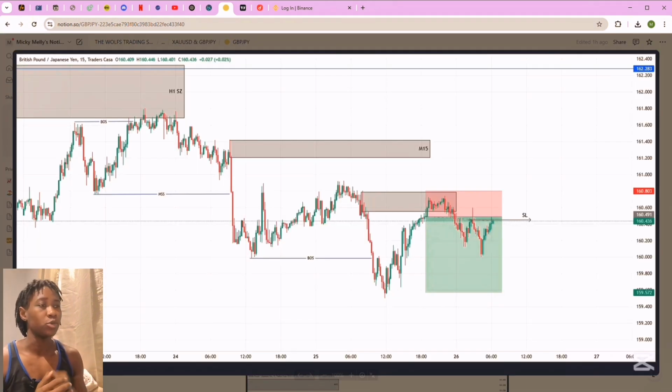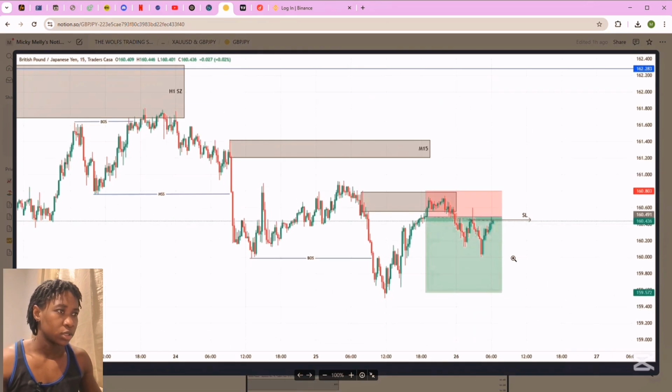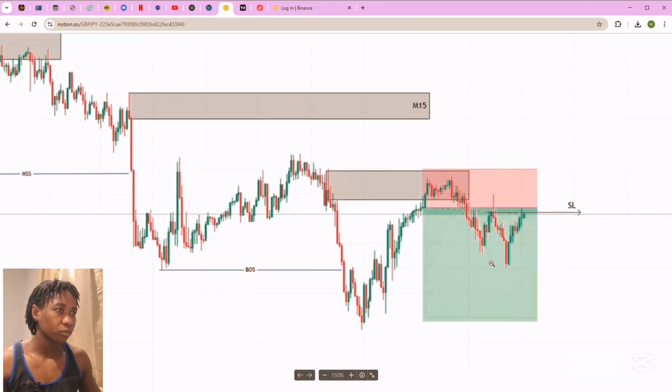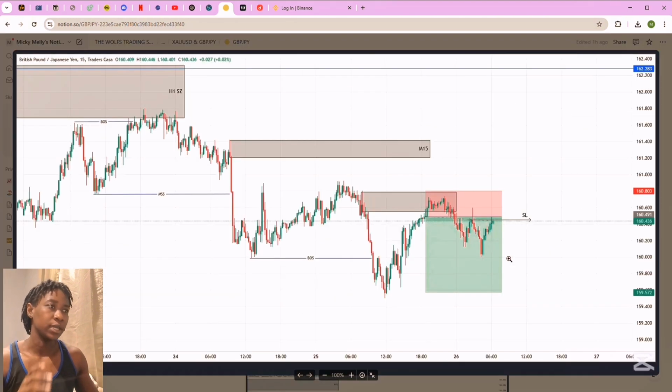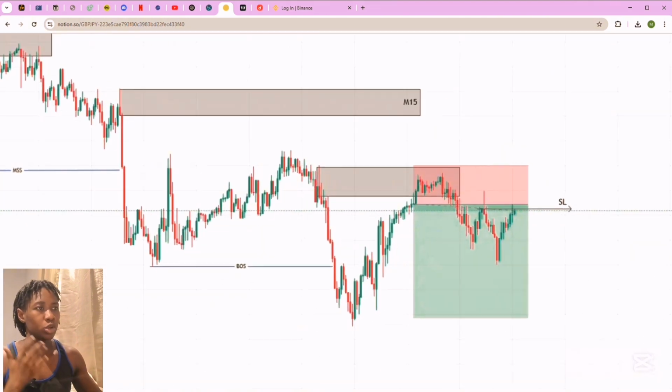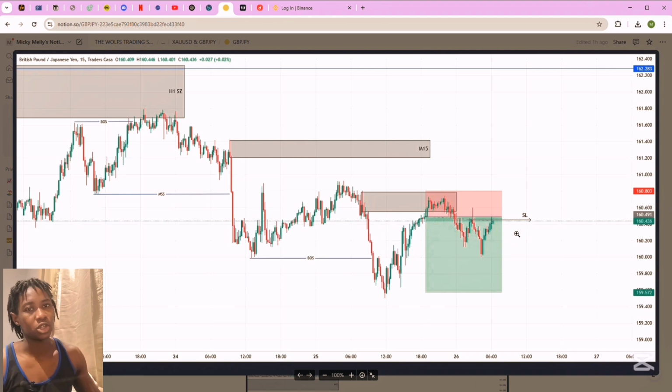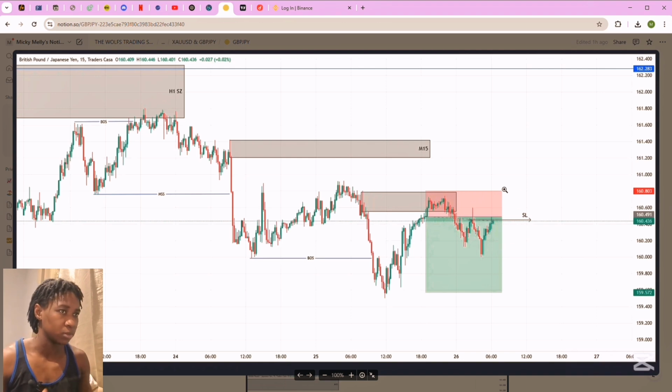I was trailing my stop. Once price broke this particular low, I moved my stop loss to break even to secure you guys, and price finally hit my stop loss.